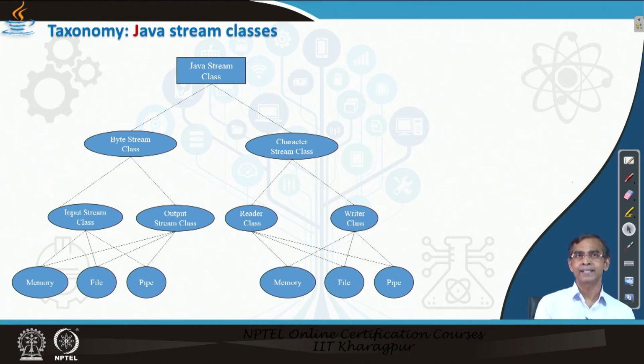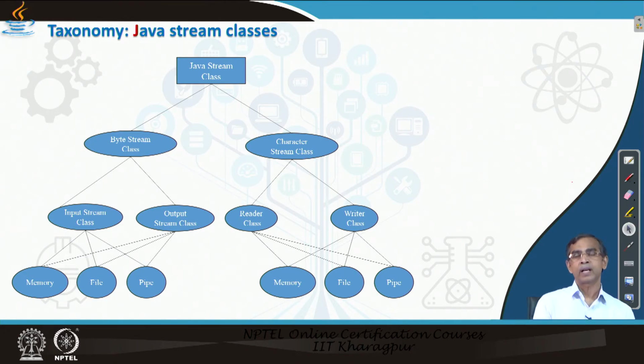They are byte stream classes if they deal with raw bytes, and character stream classes, which deal with Unicode. Now, byte stream is again of two types: input byte stream classes, called input stream, and output byte stream classes, called output stream.